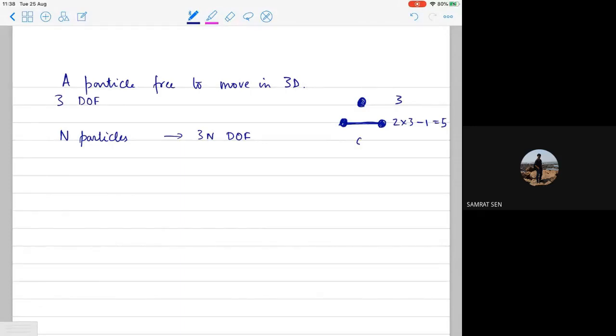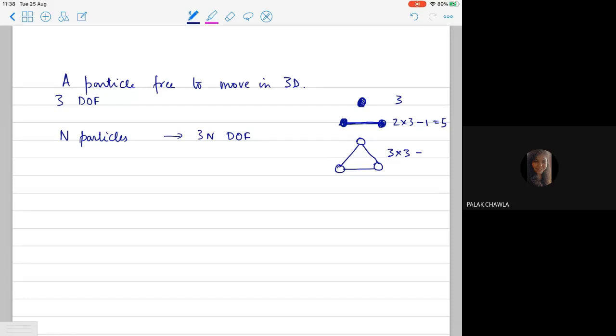So if I have 3 particles connected by 3 constraints, equations of constraints, then it's a triangle. Can you tell me what is the total number of degrees of freedom of this system? So 6. How? 3 constraints, 3 particles.